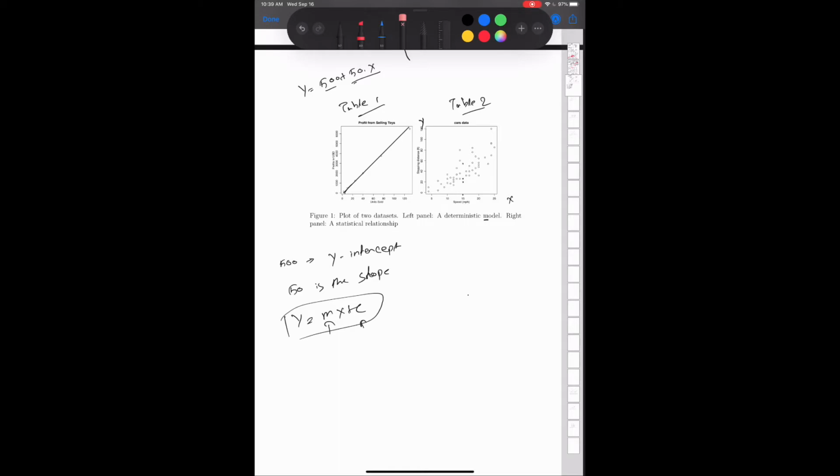So the scattering of points, even for the same x-axis value, is a telltale sign of a statistical relationship, right?